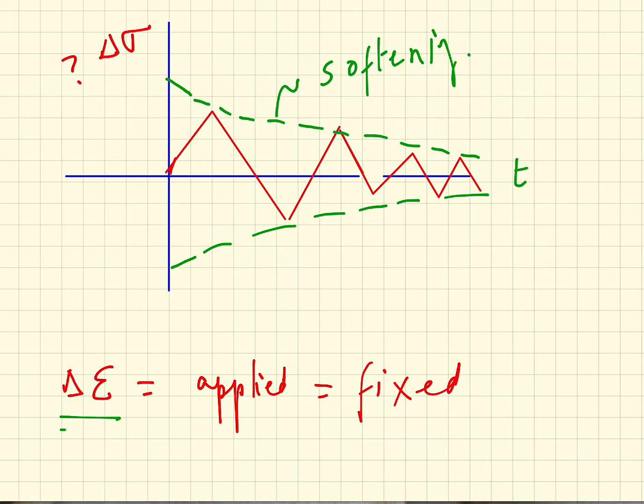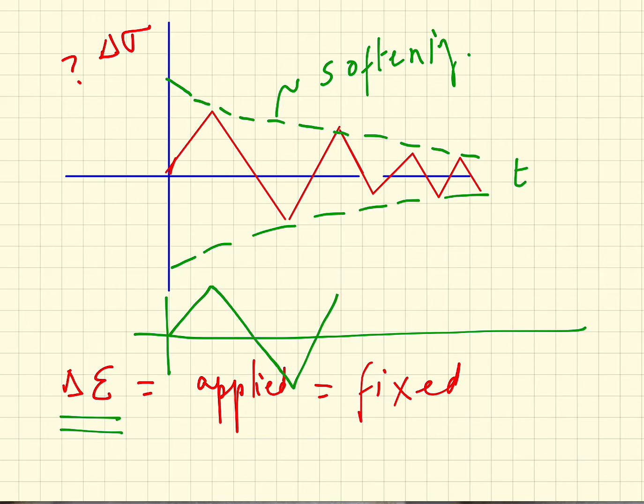Okay, so the delta sigma is applied as fixed. So if I plot underneath here delta sigma, I will get a fixed amount up and down. So this is here the applied delta sigma. While this is fixed, the stress will decrease from cycle to cycle.